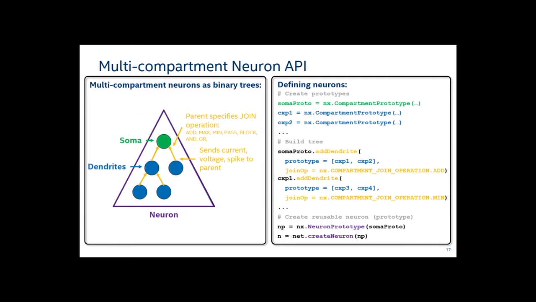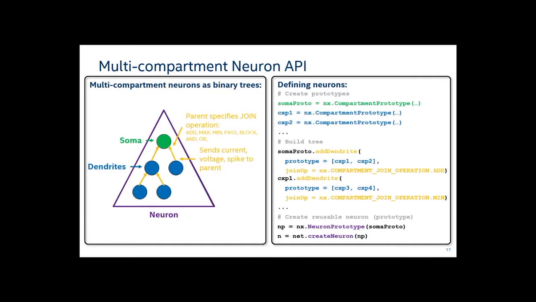And this is now showing a brief overview of our multi-compartment neuron API. So how do you set up one of those multi-compartment neurons that we mentioned earlier? Generally we have objects representing a neuron, and the neuron can be visualized as a tree consisting of one or many compartments. At the root of the tree, you have this soma.